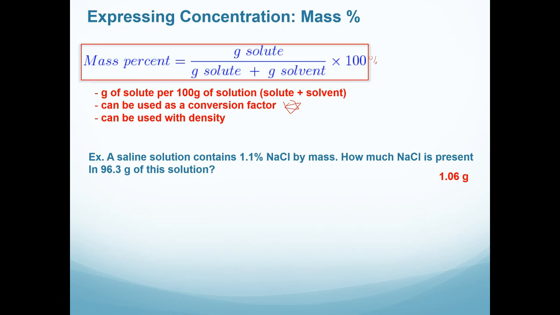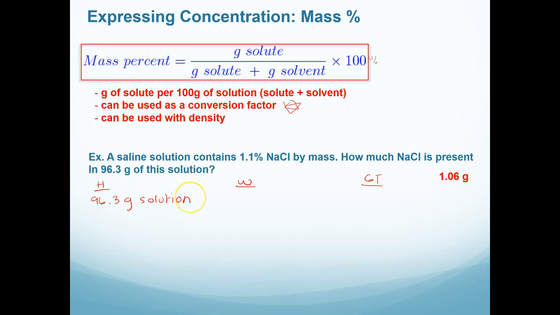Here's an example. Let's set up the have, want, and get there. Even if you can solve this problem just by moving the decimal and multiplying it by the number of grams, I still want you to organize the problem, because other problems that we do may have multiple steps. So we are starting with 96.3 grams of solution.